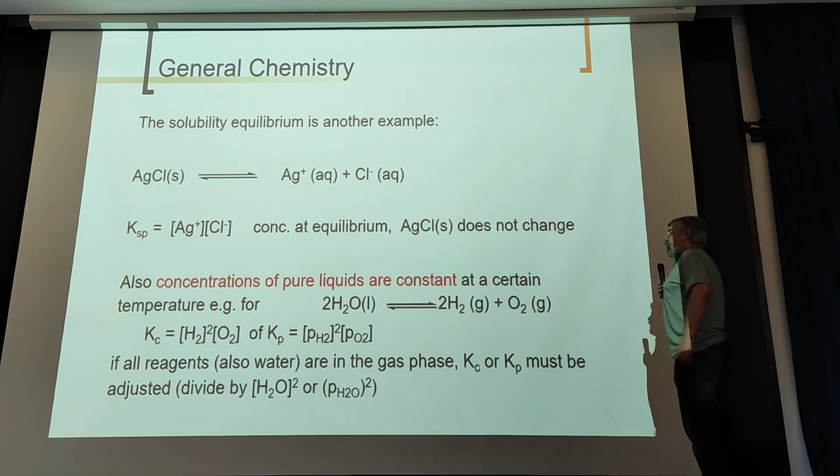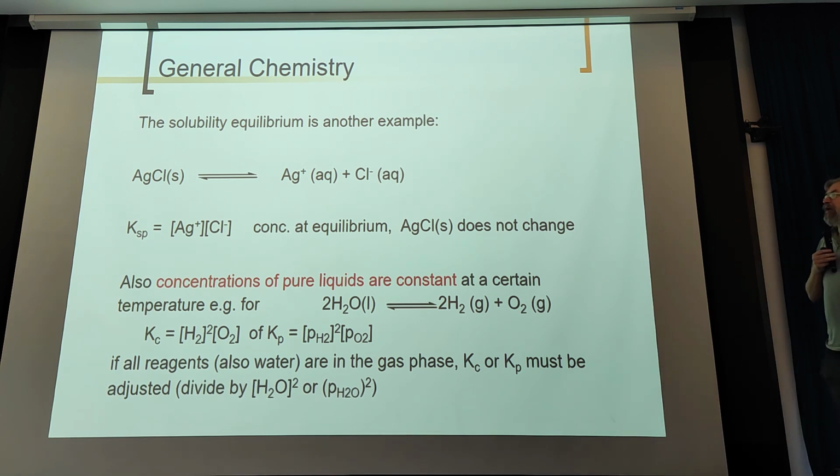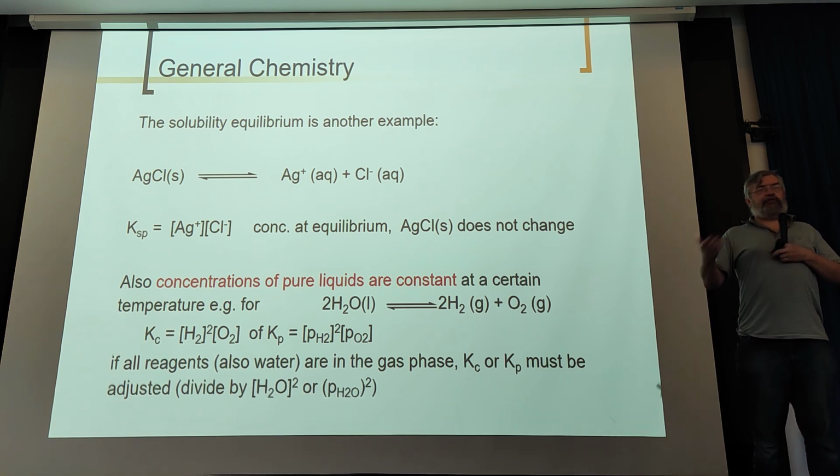And now you have a Ksp, a solubility product, and this is only made from the concentrations of silver plus and chloride minus. Silver chloride is not there. Why? It's in another phase. It's solid, and the solid is not changing its concentration.